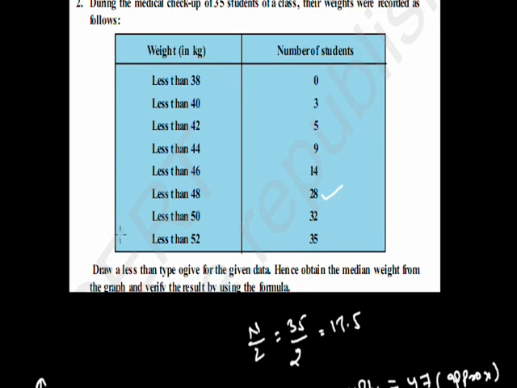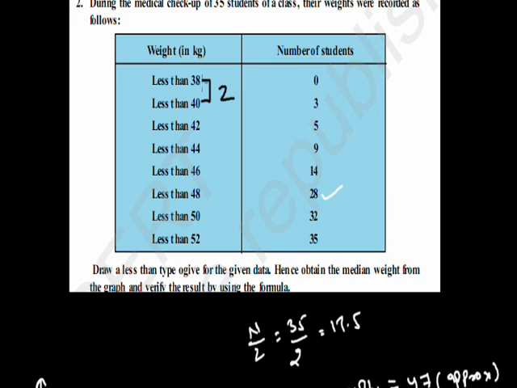Now if we want to calculate the median by the graph, we need to draw the more than type graph also. First of all we are making the graph of the less than type. Less than 30 is 0, less than 40 is 3. The table given in this question is of the less than type, but if I want to convert it to the more than type, first let's see the difference between 30 and 40 is 2.